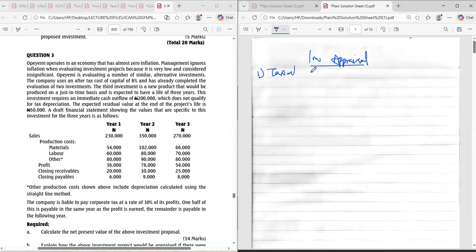Number 2 is inflation. Number 3 is working capital.